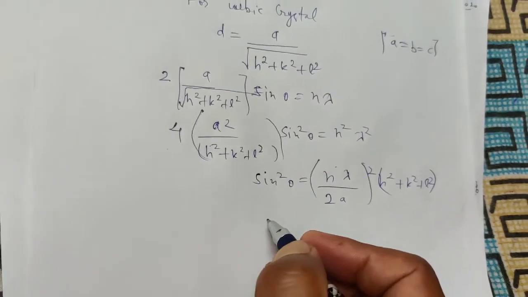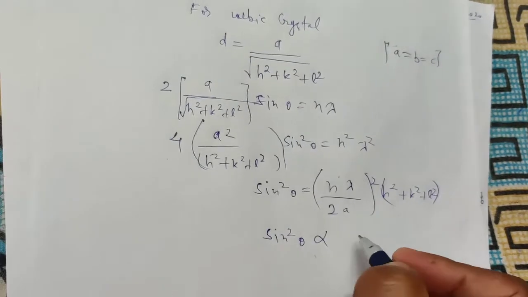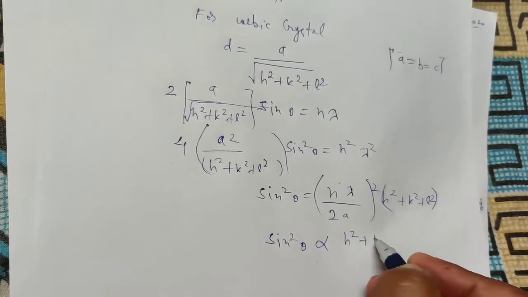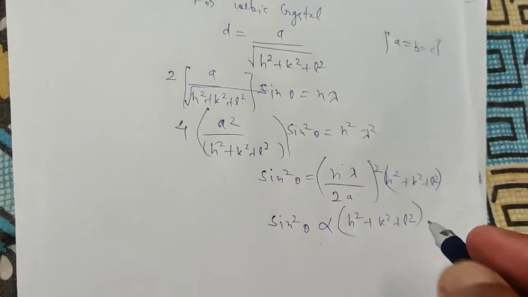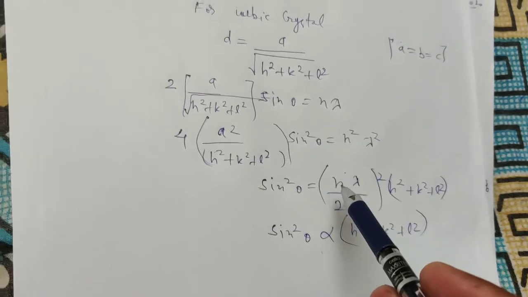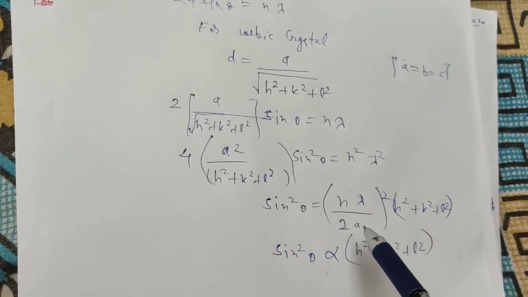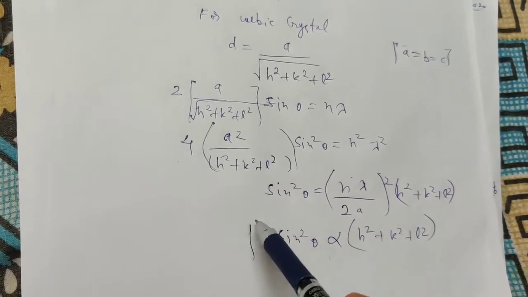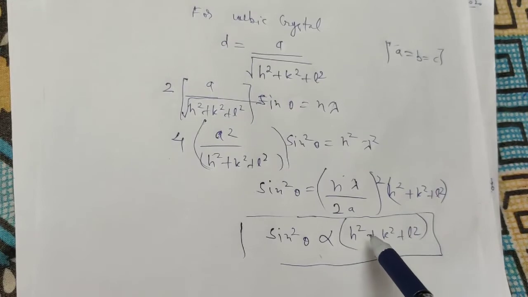So sine square theta is directly proportional to h square plus k square plus l square. Why is this proportional? Because n is constant for a particular order of reflection, lambda is also constant, and a is the lattice parameter, which is also constant. So sine square theta is directly proportional to the square of the Miller indices.